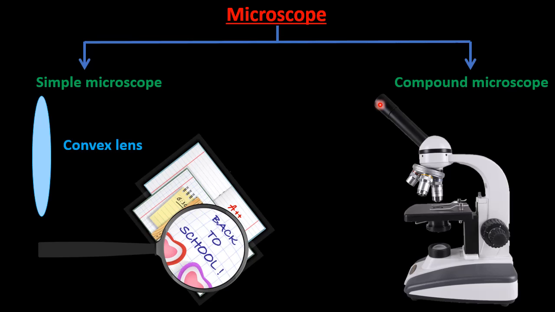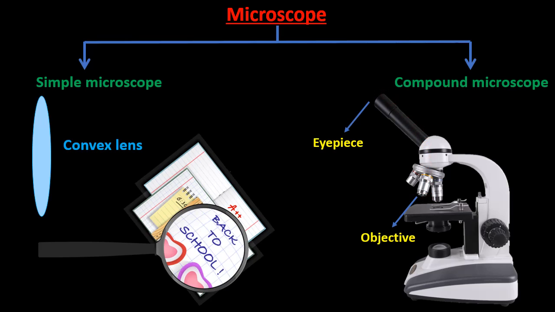The object that is to be viewed is to be placed in this plate. Here is another lens. We call it objective lens because it is closer to the object. So one lens is eyepiece and another lens is called objective lens.